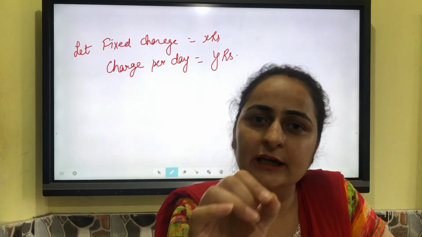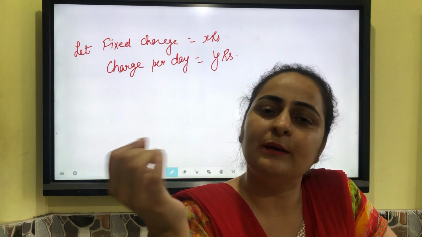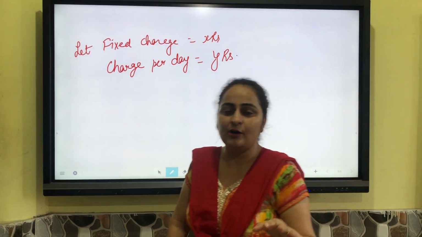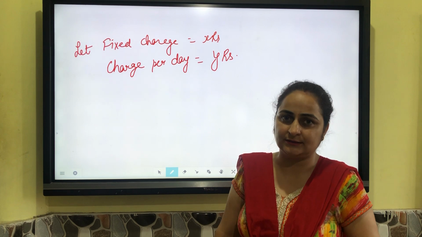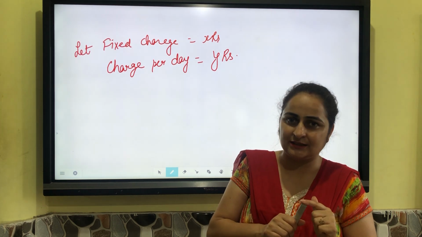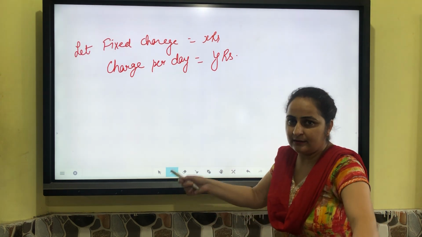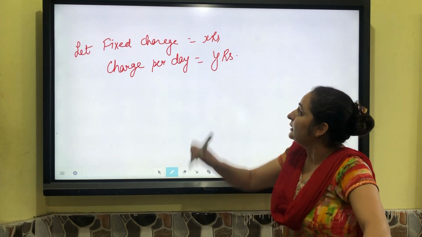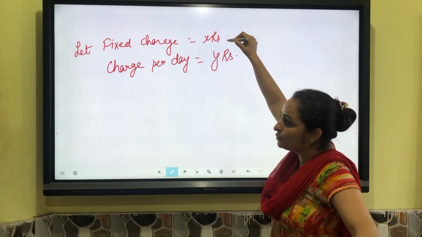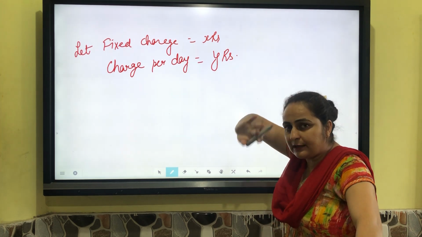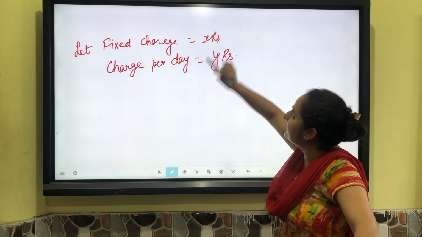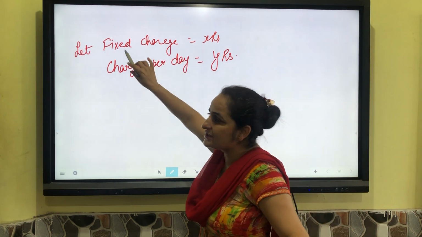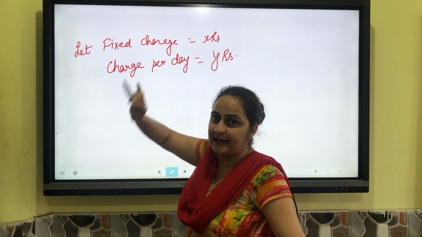Whether you keep the book for 1 hour, 2 hours, 3 hours, or 10 days, 3 days or 4 days, there are some fixed charges. In this statement, the library has a rule that for 3 days you have to pay x rupees. If you keep the book for 2 days, then again you pay x rupees, because this is the fixed charge for the first 3 days.